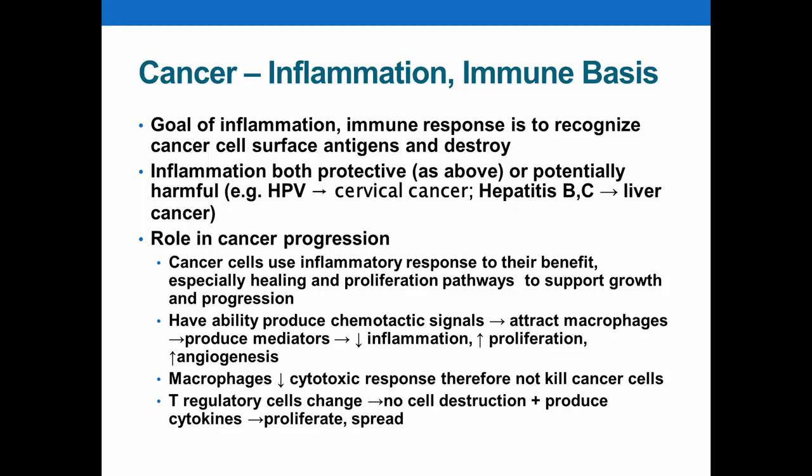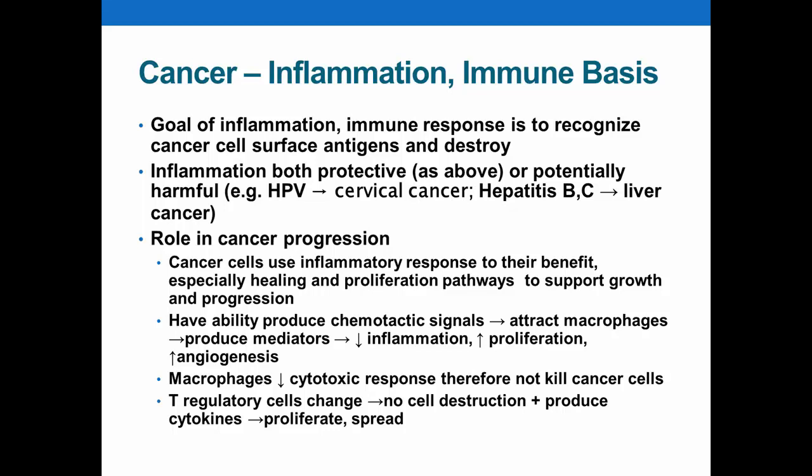We know that the goal of inflammation in the immune system is to recognize that cancer cells are antigenic and then destroy them. So our immune system has to be able to recognize cancer cell surface antigens and therefore be able to destroy them.